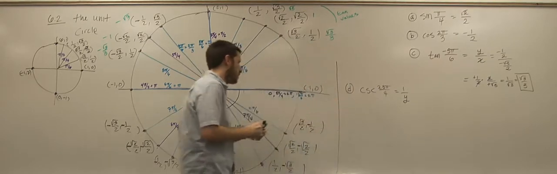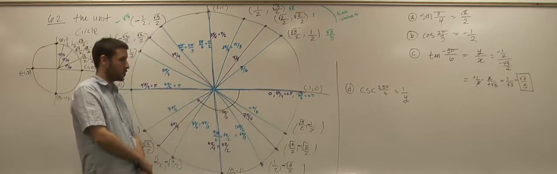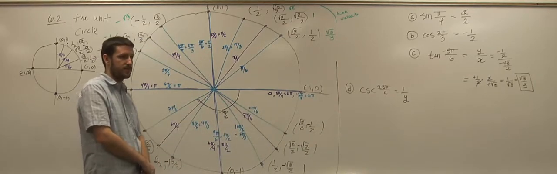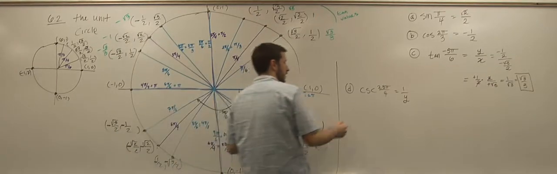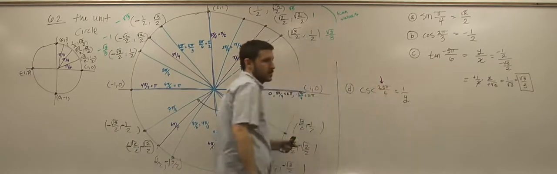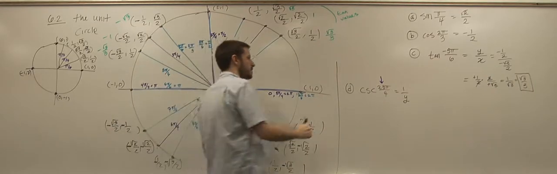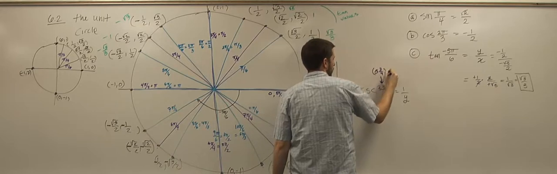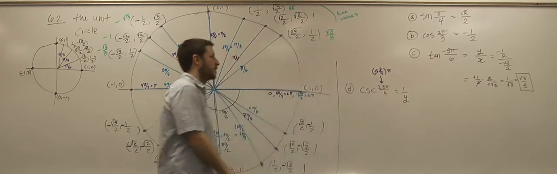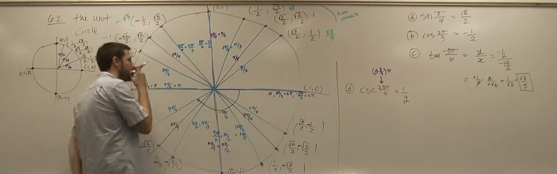So how do I figure out where 23 pi over 4 is? I would probably change it into a mixed number. That'll save you a little bit of heartache. 4 goes into 23 5 times with a remainder of 3. So I'm going to go to 5 3/4 pi.